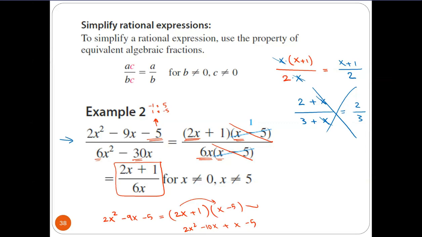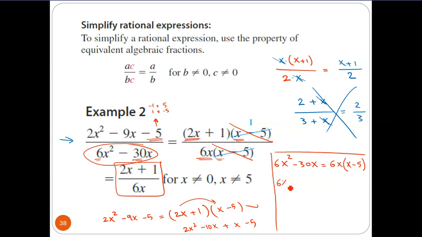Now, what's the restriction of this expression? The restriction, we can compute it from the original. Okay, so we have 6x squared minus 30x. This equals 6x times x minus 5. So 6x must be not equal 0 and x minus 5 must be not equal 0.